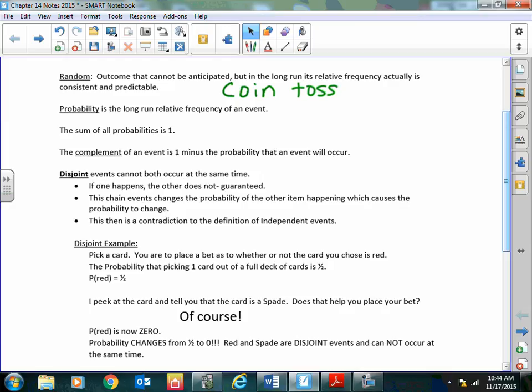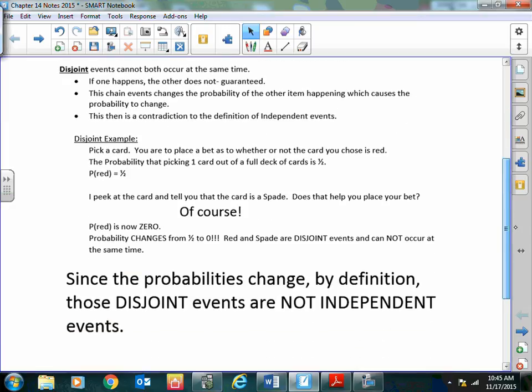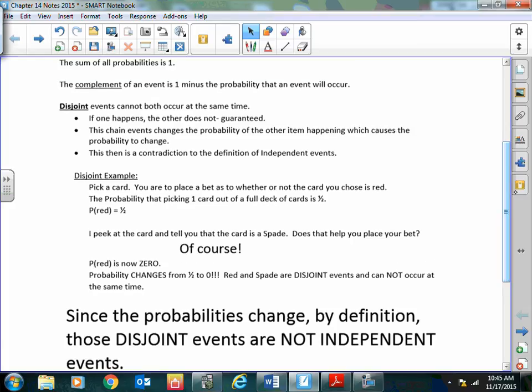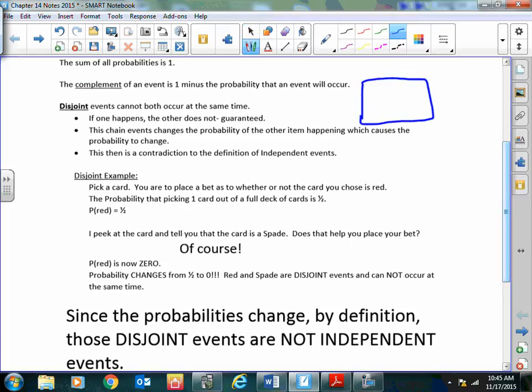So now let's talk about disjoint and independent. Disjoint events cannot occur at the same time. If you were to draw a picture of them, they would look like this.